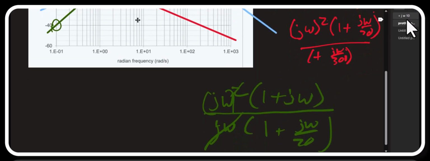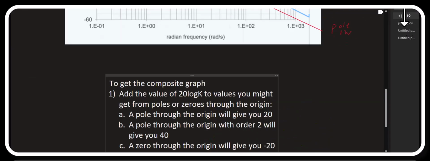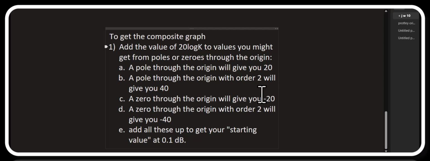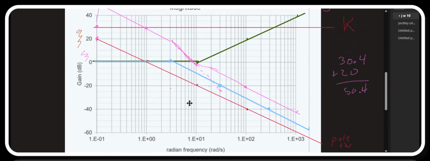So that's why I'm saying you'll take your value of 20 log k, and then you'll add together any numbers you have from those, and that gets you your starting value.